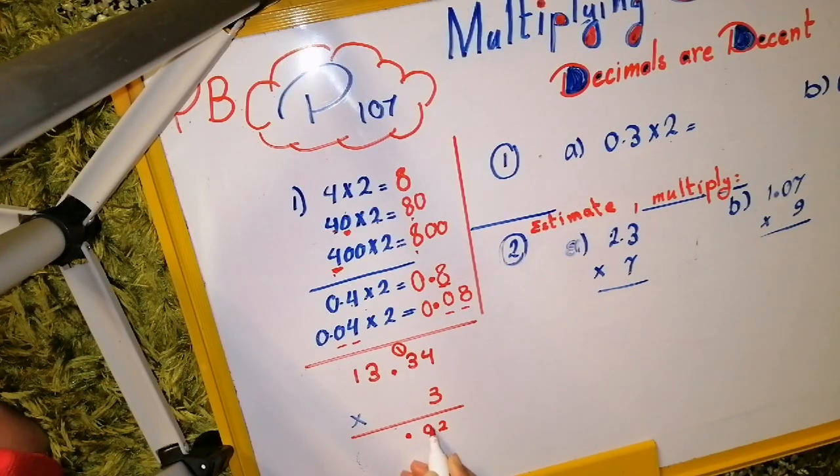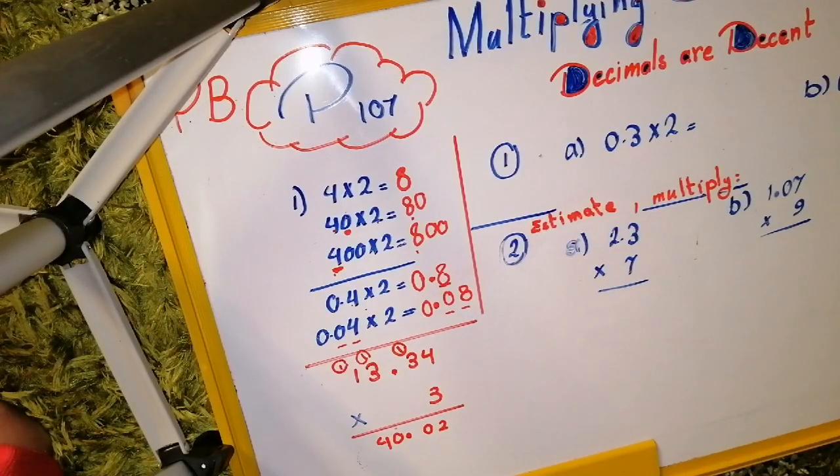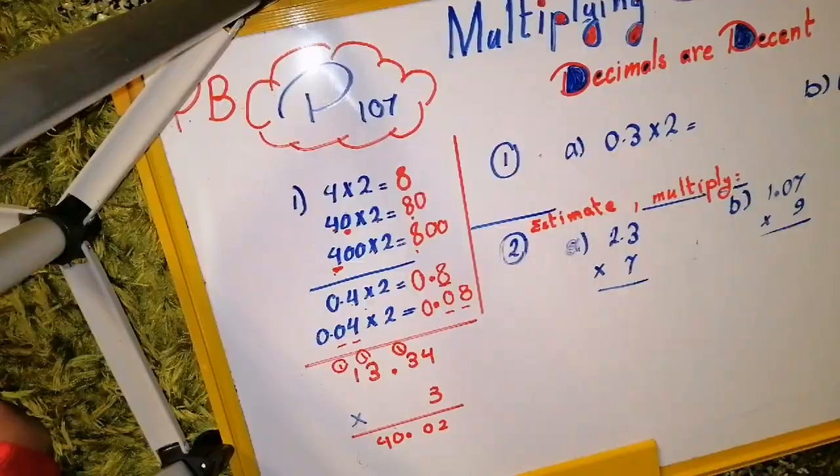So again, put the 0, take the 1 up. 3 times 3 is 9, and 1, 10. Again, 0, and take the 1 up. 3 times 1 is 3, and 1 is 4. So the product here is 40.02, or 40 and 2 hundredths.